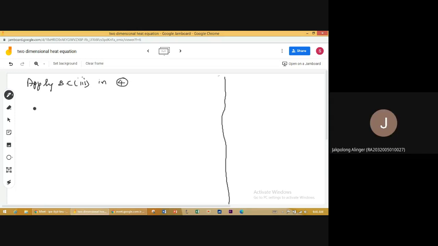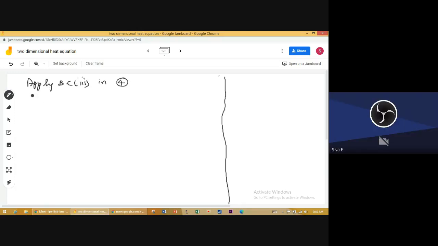u of x comma 0 is equal to 0. That means substituting y equal to 0.